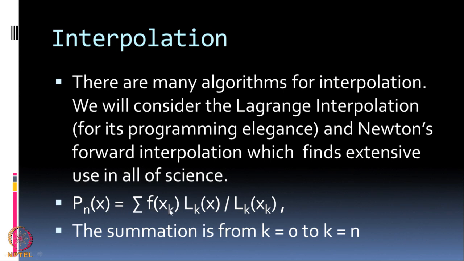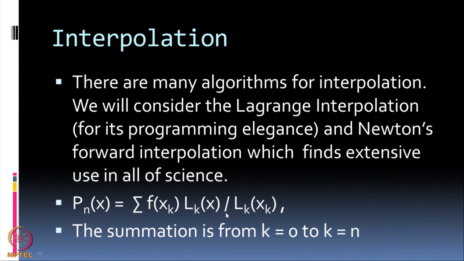My polynomial is these values of f(xk) multiplied by a polynomial Lk(x) divided by a constant Lk(xk). This expresses the interpolating polynomial Pn(x) in terms of the known values f(xk) multiplied by the polynomial Lk(x) divided by the constant Lk(xk).